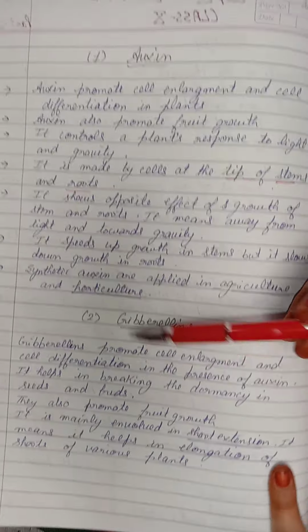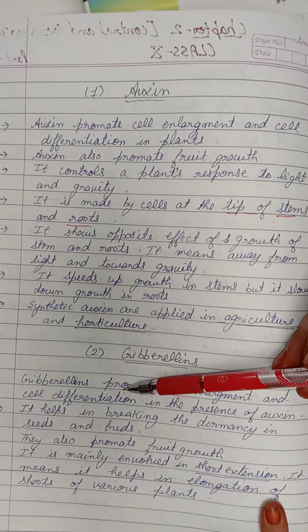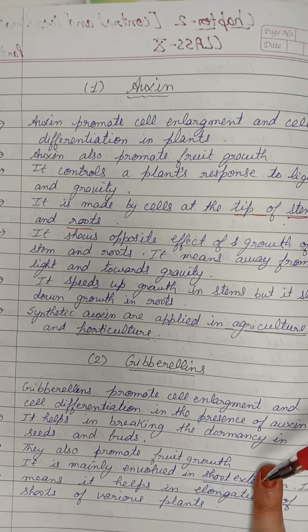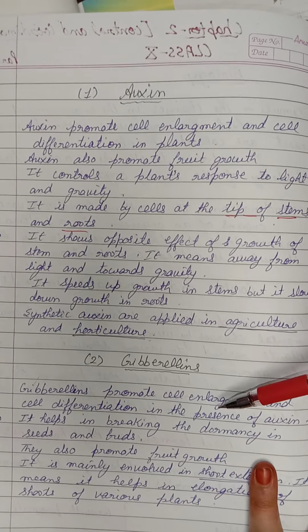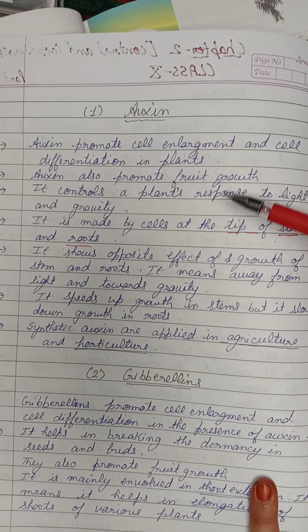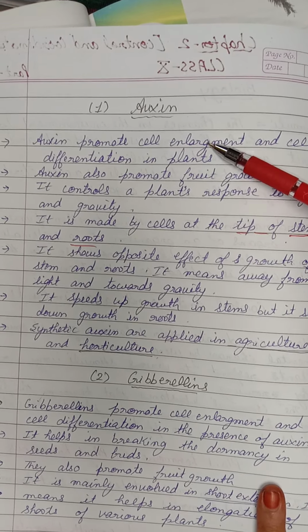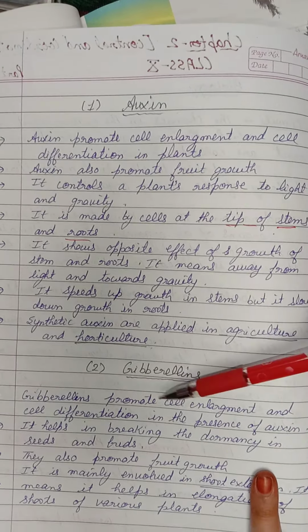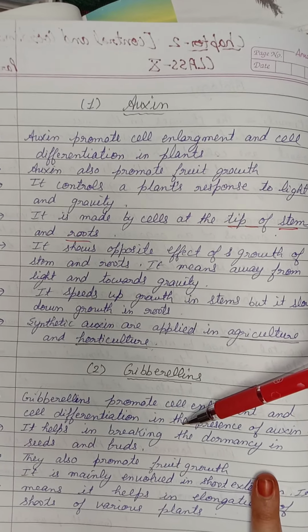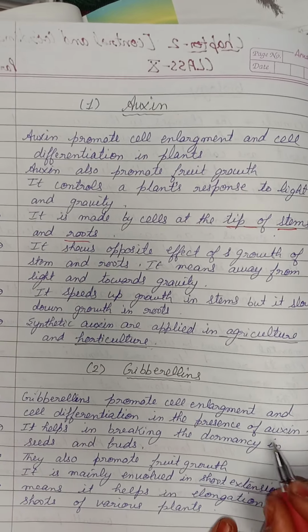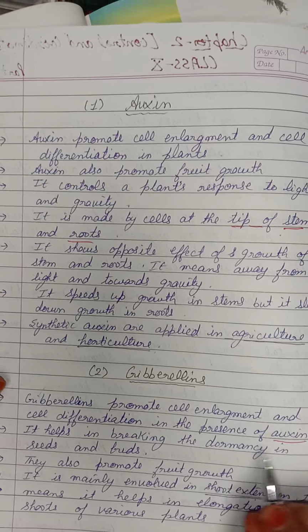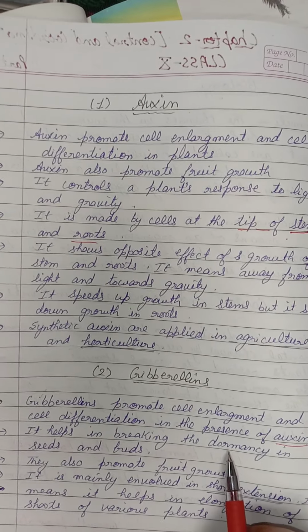Then gibberellin. Gibberellin functions in the same way as auxin, but as auxin is stimulated by light, gibberellin is stimulated by auxin. It promotes cell enlargement and cell differentiation, but only in the presence of auxin. It helps in breaking the dormancy of the seed.